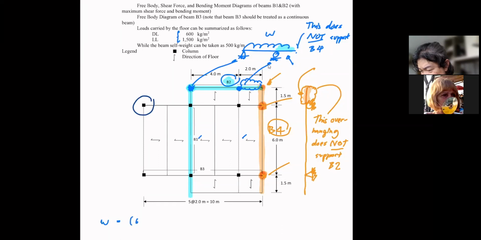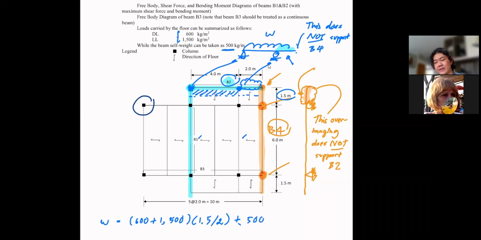So it's going to be 600 plus 1500. Now the tributary width for B2 would be this. So it's half of 1.5 meters, or 1.5 meters over 2, plus the self weight, which is right here, 500 kilogram per meter. So that will be the W acting on B2.